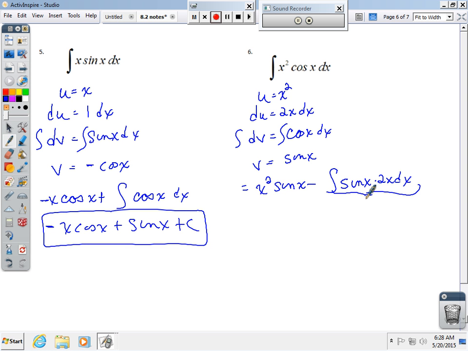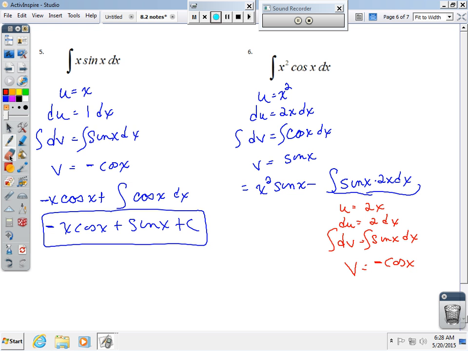So we have to do integration by parts again. u for this one is going to be 2x, du is equal to 2 dx, dv is equal to the sine of x dx, and then when I go to integrate both of those sides, I'm going to get v is equal to a negative cosine x, and then plus c.